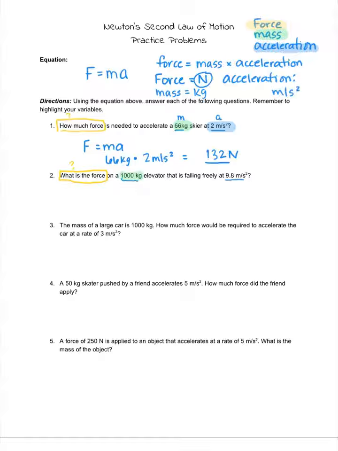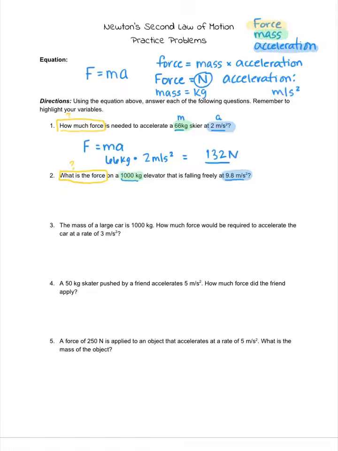Let's highlight with our mass color. And then 9.8 meters per second squared. What variable is that? Force, mass, or acceleration? If you guessed acceleration, you're correct.